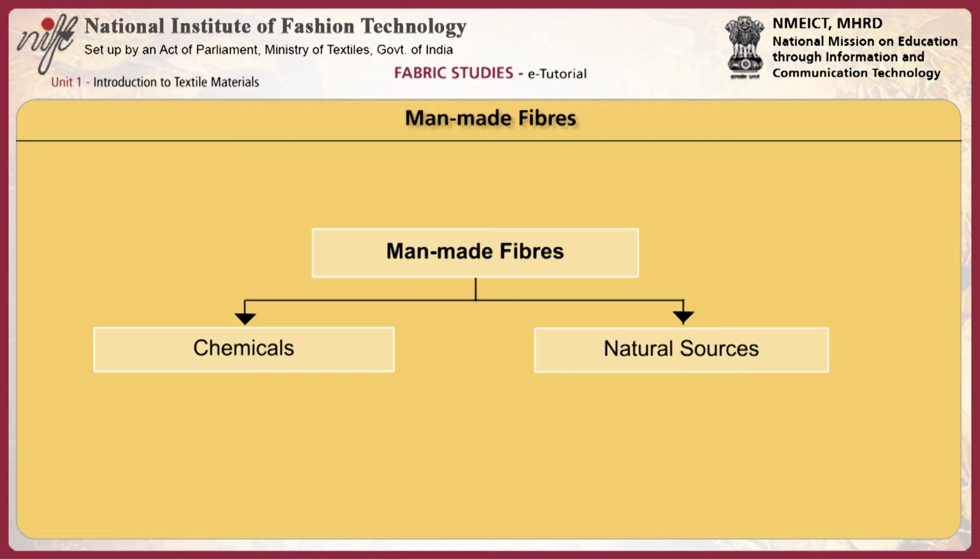These fibers are manufactured either from chemicals or from natural sources. In the early 19th century, with increase in demand of textile fibers, they were manufactured mostly with the objective of imitating silk.